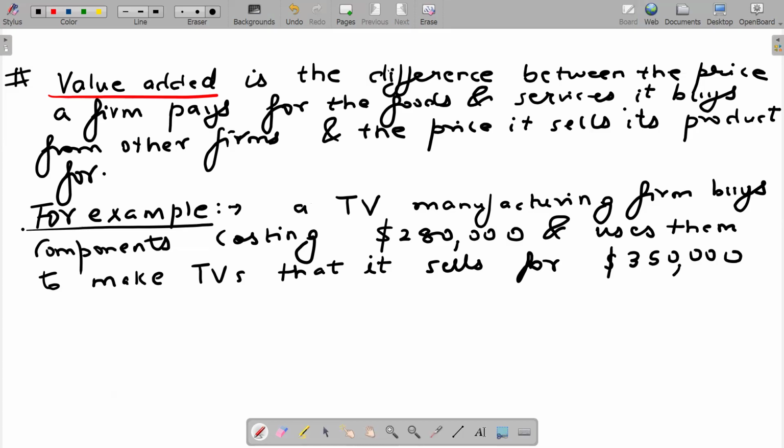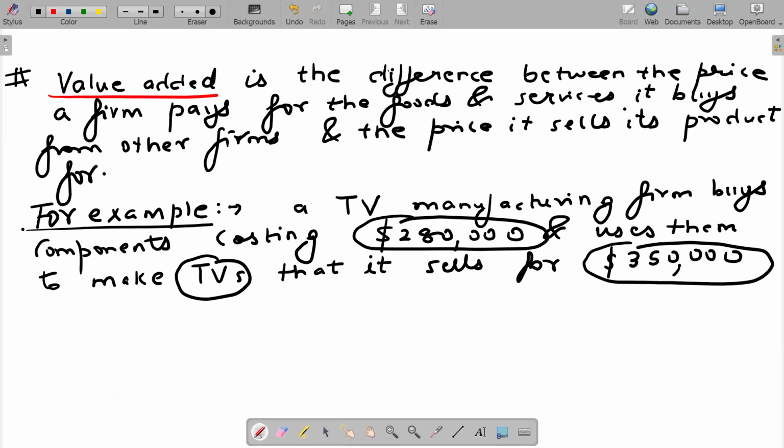So a TV manufacturing firm has bought components worth this much, and using these components, the TV manufacturer ultimately makes a TV, and this TV is sold in the market for $350,000.